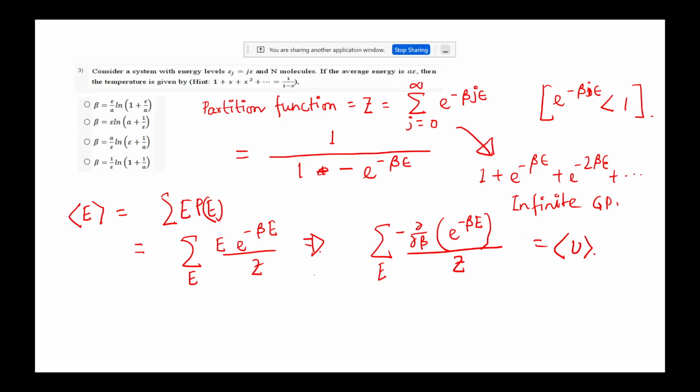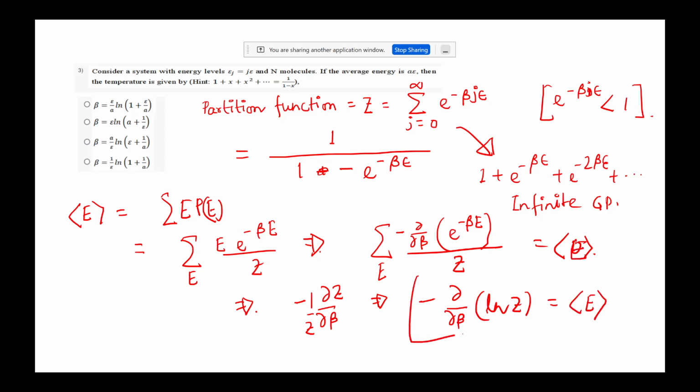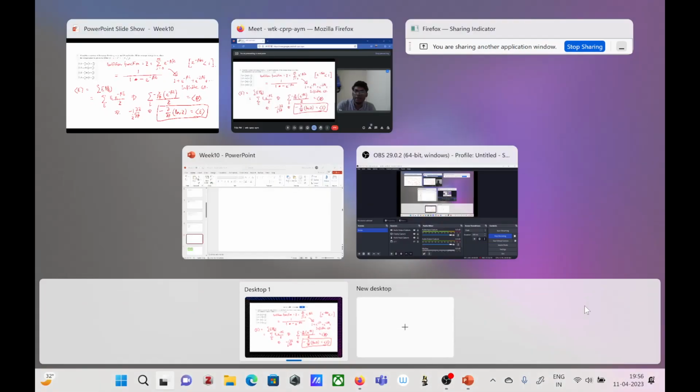So what it becomes is minus del Z by del beta times 1 by Z, or we can write minus del by del beta of ln Z is equal to the average energy. So this is one formula. Average energy can be written in terms of this.